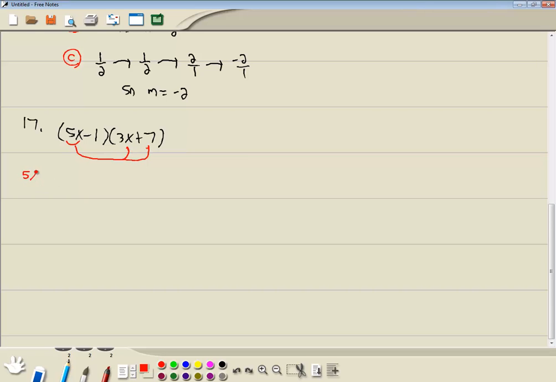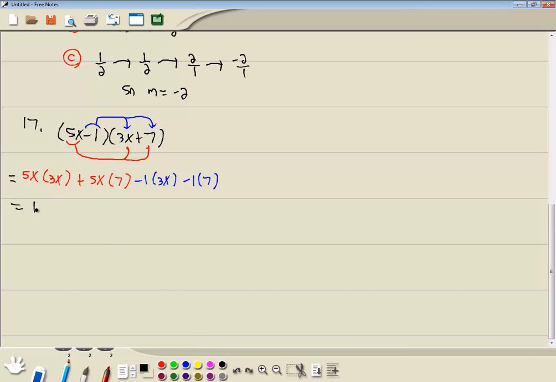So I'm going to take 5x times 3x, and I'll take 5x times 7. And then we'll take our second term, the negative 1, and multiply it times the first term over here and times the second term. So negative 1 times 3x and negative 1 times 7. That's just foiling in case you're comfortable with that technique.